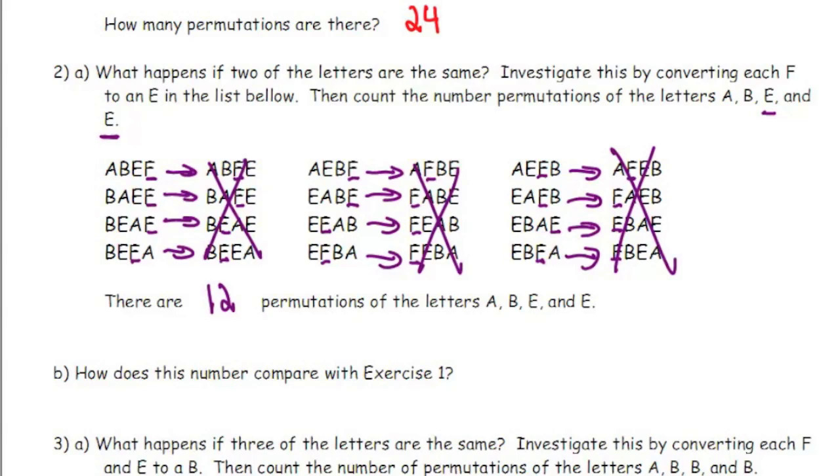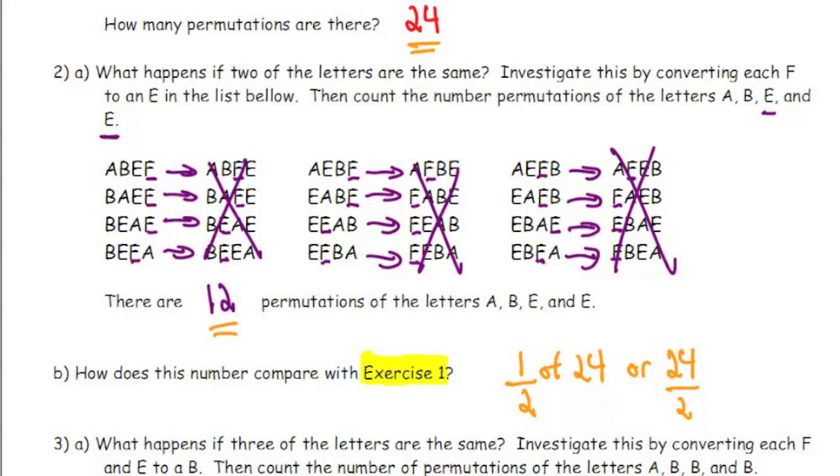Well, if we compare this now with exercise 1, which is what our next question involves, we can see very simply that we started off with 24 permutations at the beginning, and then we ended up with 12 permutations when we had 2 identical objects, which means that the number in question 2 is 1/2 of 24, or 24 over 2.